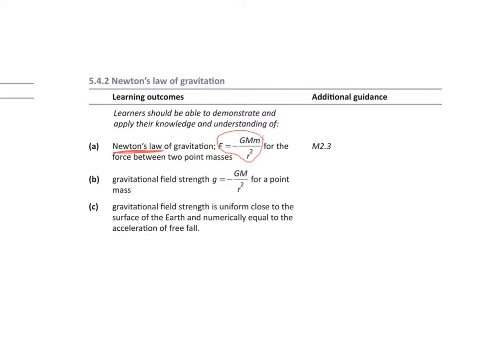There are key terms that need to be included. Then the gravitational field strength for a point mass, so for a radial field basically, and the gravitational field strength in a uniform field close to the surface of the Earth, numerically equal to the acceleration of free fall. It's something that we already kind of discussed, but we'll talk a little bit more about it.